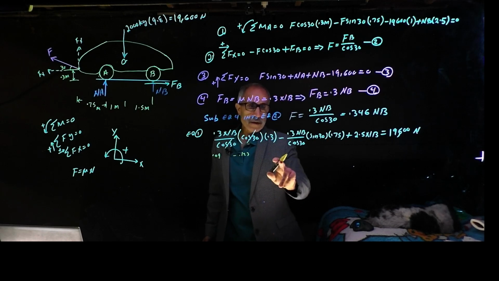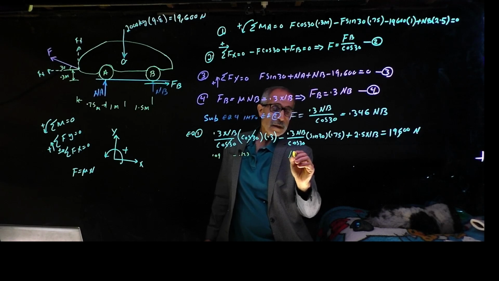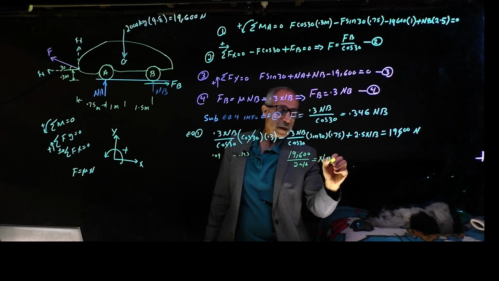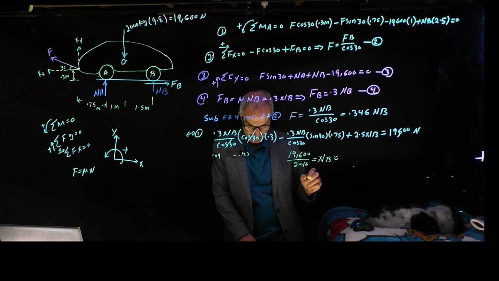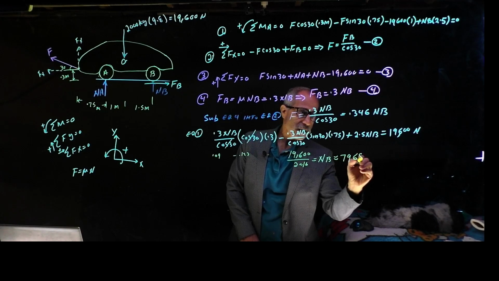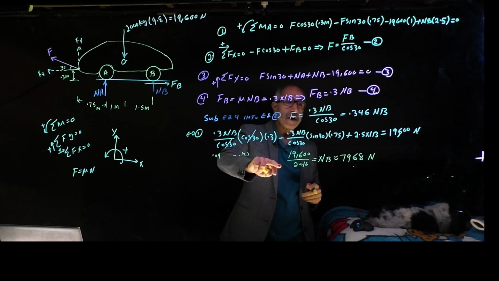If you simplify this, it becomes basically 19,600 divided by 2.46 equals NB, which comes out to be 7968 Newton. So now you have that, and you find NB.